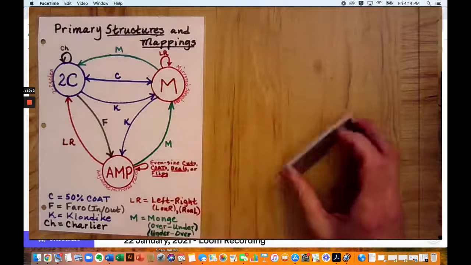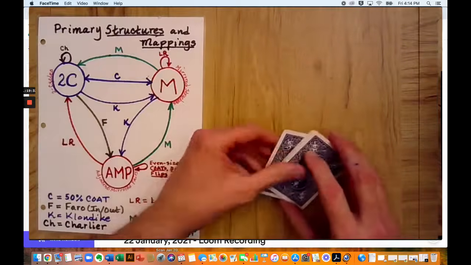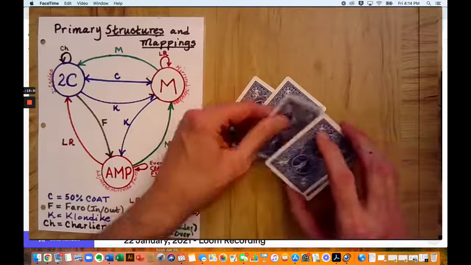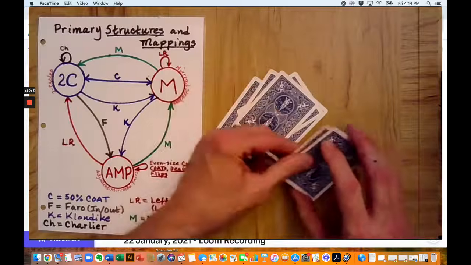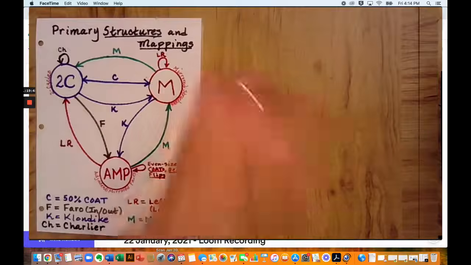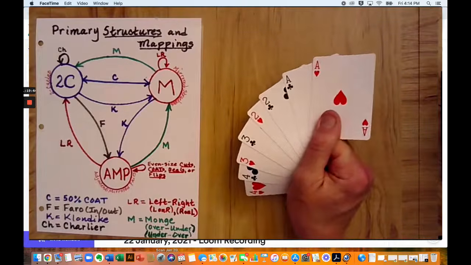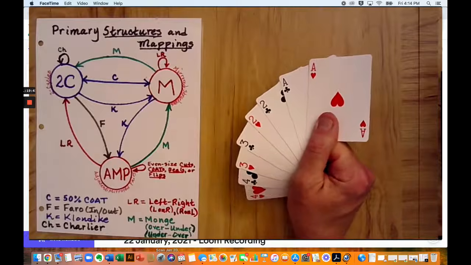So to quickly go from a mirrored to an AMP, let's do a Klondike again. This time we'll just stack them on top of each other, which is normally what Klondike means. You're just stacking them as you go. And to show you, of course, you get an AMP, which is what we want.